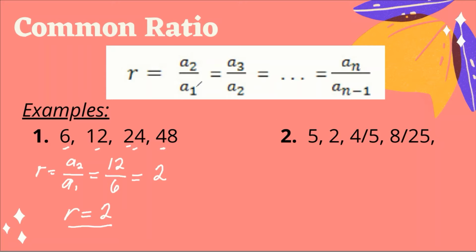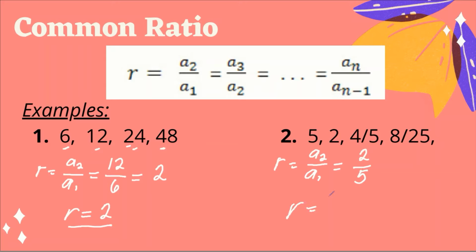Now let's have example number 2, 5, 2, 4/5, and 8/25. So r, again, is equal to a sub 2 over a sub 1, which is equal to a sub 2 is 2 and a sub 1 is 5. So we don't need to simplify that.